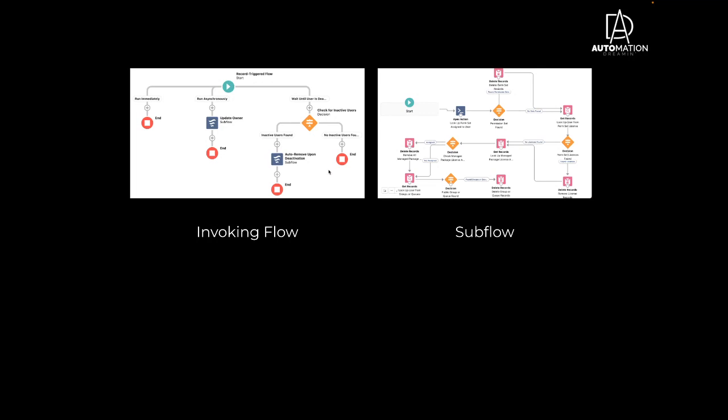And the reason for that is because we will run into a mixed DML error. If you're not familiar with those errors, they are basically thrown when you try to do a DML transaction on more than one setup object.